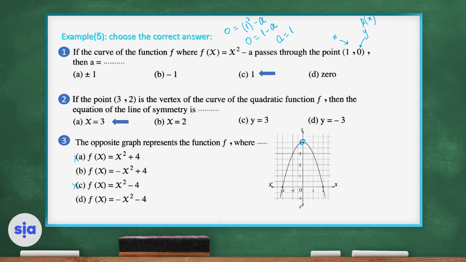The graph touches the y-axis here at 4. We said before that when the graph touches the y-axis, the x value is 0. So when we replace x by 0, the result must be a positive 4. So the right answer is choice B.